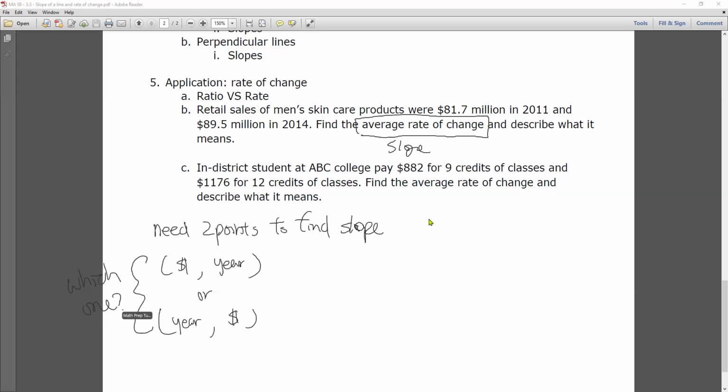Okay. So in this case, what we need to figure out is how to make sense of this. And the way we talked about in class is that when you're dealing with x and y, the x is called the independent and the y is called the dependent.